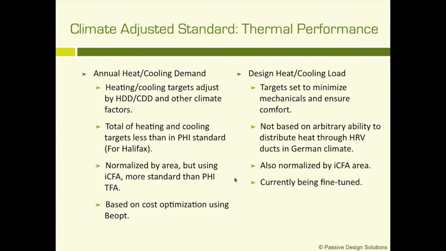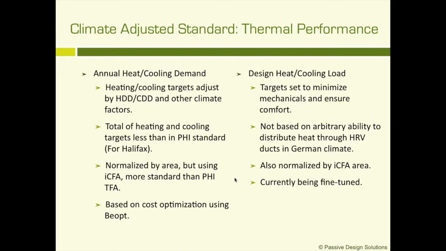So for the climate-adjusted standard on the thermal performance, the heating and cooling targets are adjusted by the heating degree days, but also other climate factors like solar access and solar radiation. The total heating and cooling annual demand targets are less than the PHI standard for Halifax.